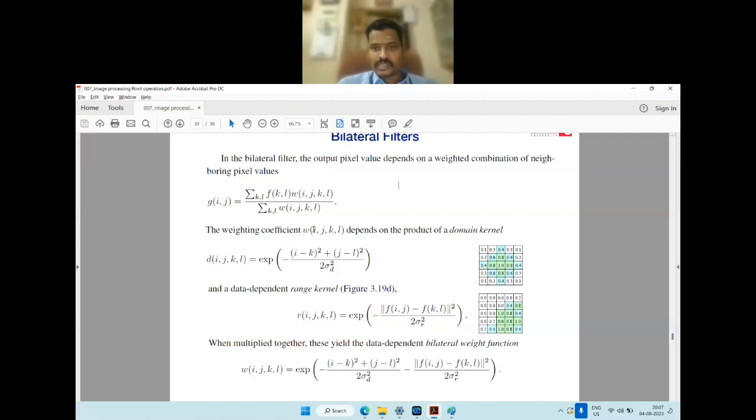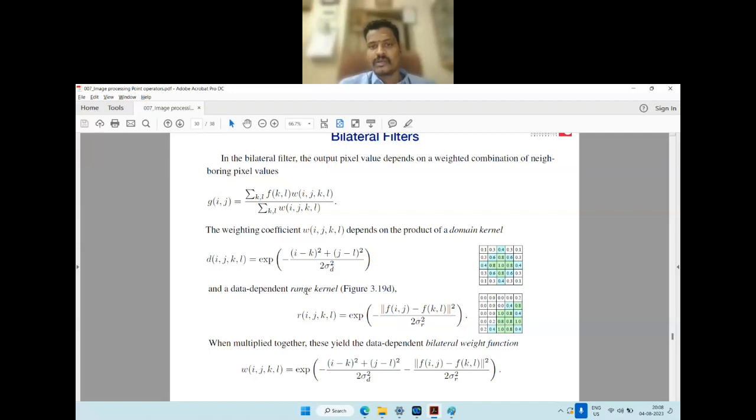So the weighting coefficient depends on the product of the domain kernel and the data dependent range kernel. There are 2 kernels we are defining here. One is the domain kernel, another one is the range kernel.